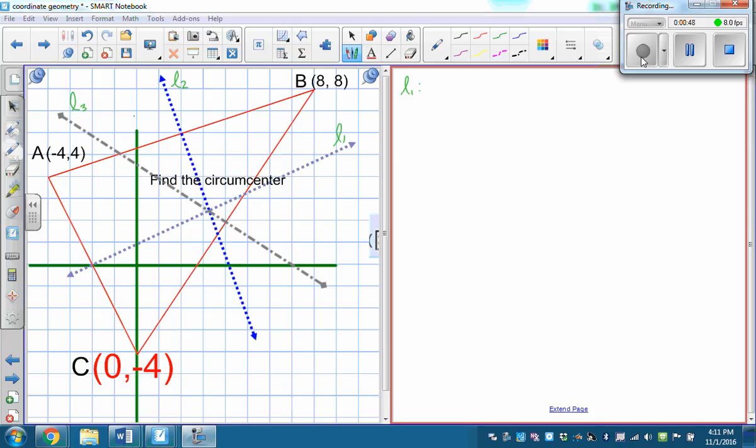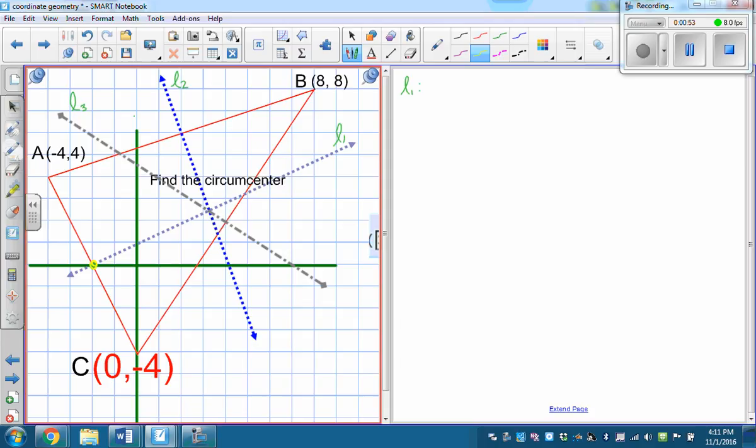So for example, line 1 goes right through what looks to be the midpoint of AC. So I need the midpoint of AC. And I just average the x's to get that.